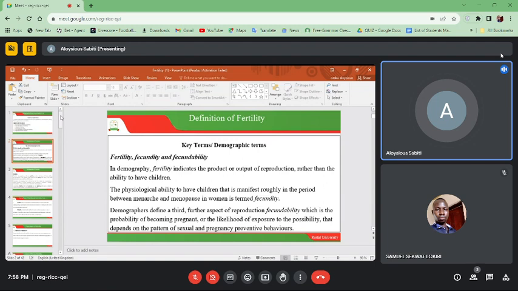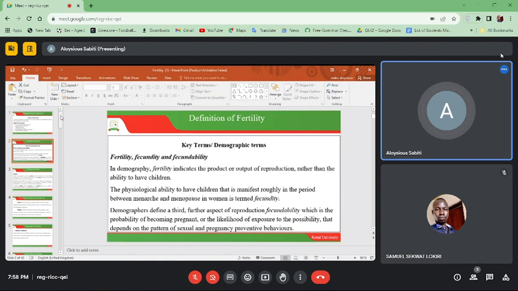So demographers define a further aspect of reproduction, fecundability, which is the probability of becoming pregnant, or the likelihood of exposure to the possibility, that depends on the pattern of sexual and pregnancy prevention behaviors. So someone's probability or the likelihood that an individual is exposed.